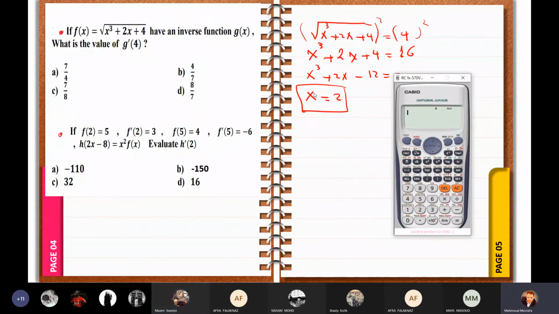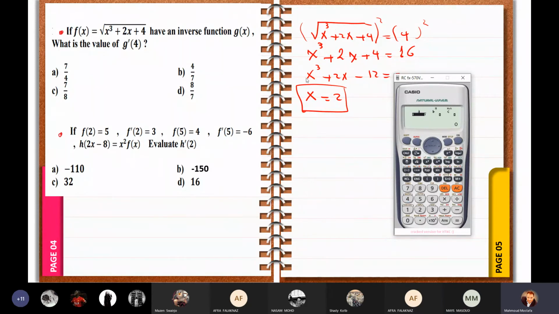Okay. How to solve the cubic equation here? Mode, then equation is what? It is 5. Mode, then 5, then 4. What kind of equation? It's x cubed, so number 4 here, press 4.